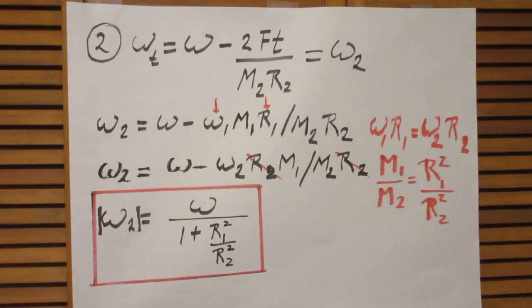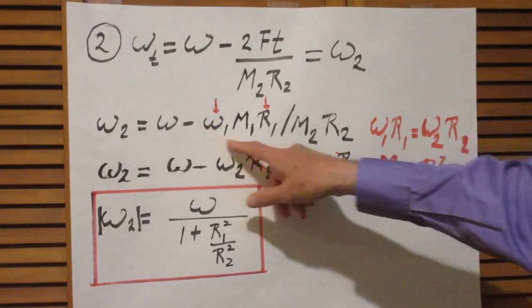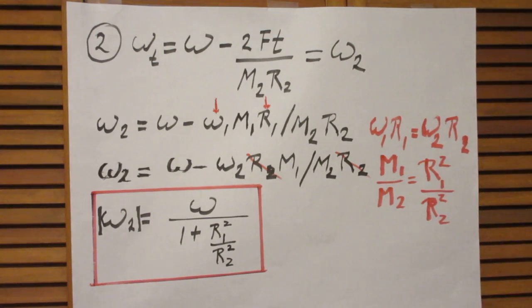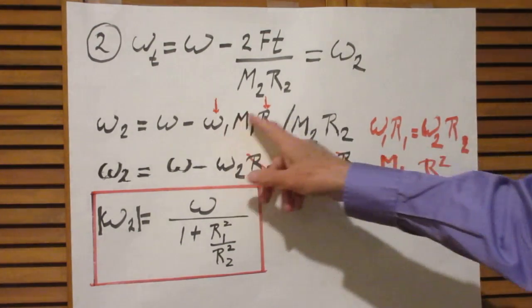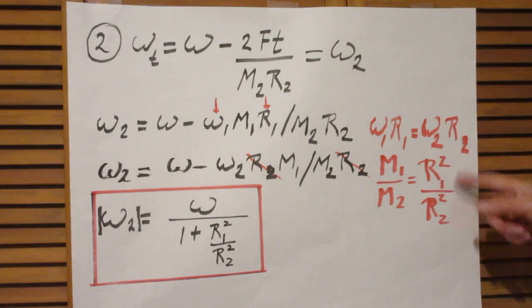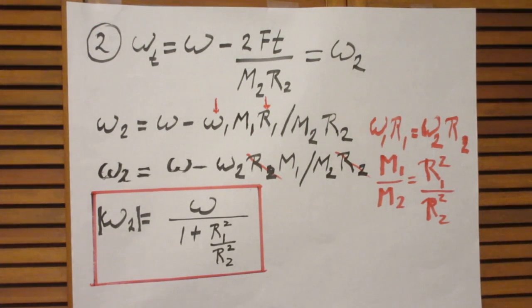We're almost done now, because omega 1 r1 is also omega 2 r2. So I can replace these. m1 divided by m2 is r1 squared divided by r2 squared. Remember, the disks have the same thickness and the same material. So the only difference is the radii, and so this ratio is the ratio of the radii squared.